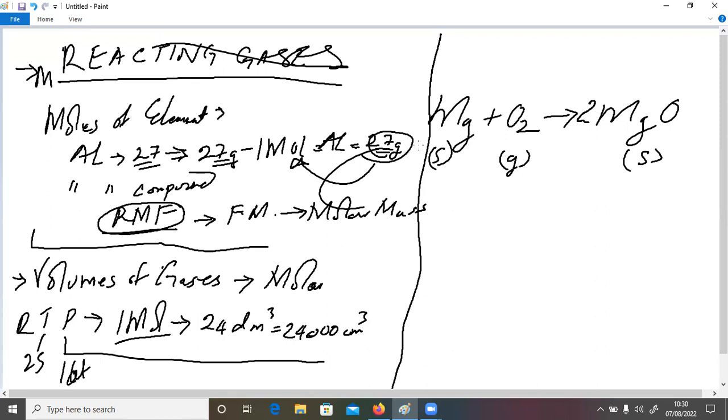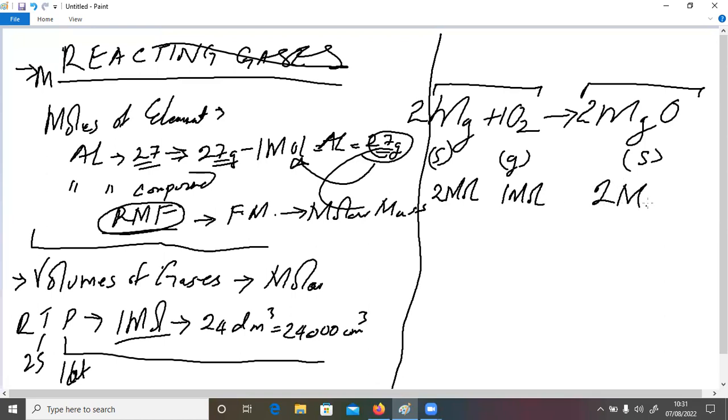It's balanced so that on the left hand side we have the reactants, and on the right hand side we have the products. What this came to tell us is that 2 moles of magnesium react with 1 mole of oxygen gas to give 2 moles of magnesium oxide solid.